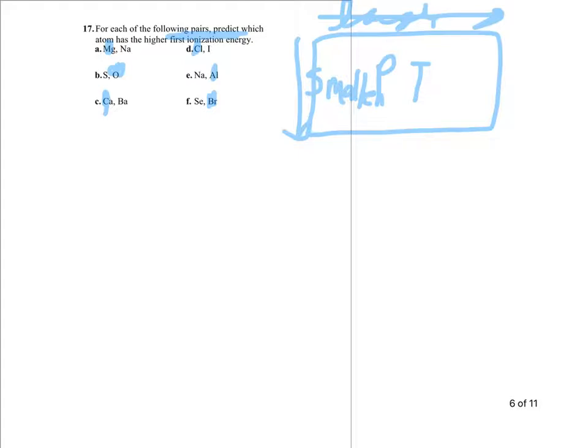And we got selenium and bromine right next to each other. We expect the one farther to the right to have the higher ionization energy, bromine. The closer they are together on the periodic table, the more likely these trends might not hold.